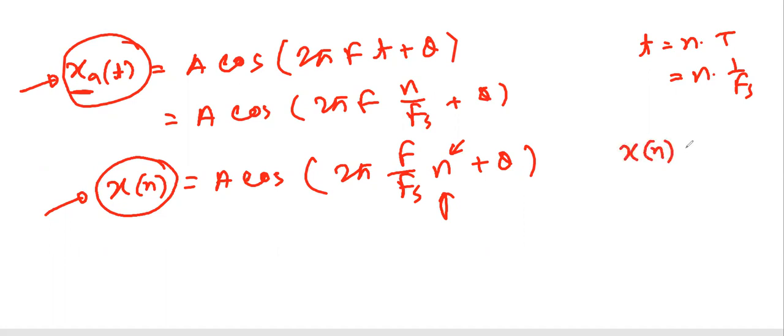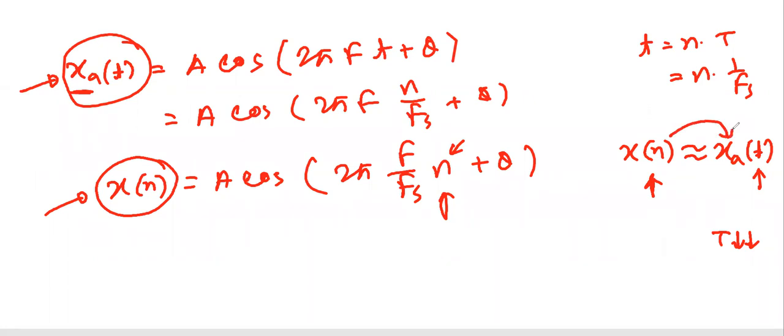x[n] is equivalent to x_a(t). Why are they equivalent? They are not equal, because t is a continuous one. When t is continuous, that means you have all the values. But what about x[n]? If the sampling interval is very low, then x[n] is very close to x_a(t).